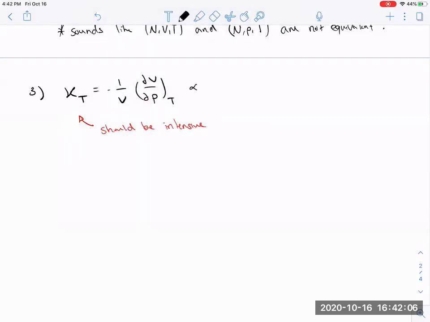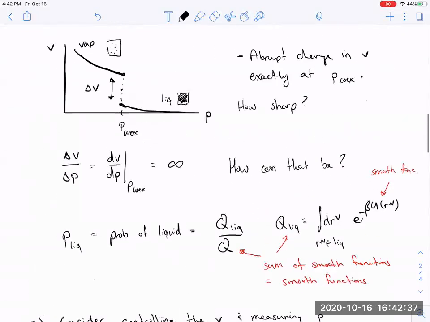We have previously shown that this whole quantity is proportional to the fluctuations in the volume over the average volume. Yet if we were to plot this as a function of pressure in this experiment that we just did, so controlling the pressure, that's the first experiment.